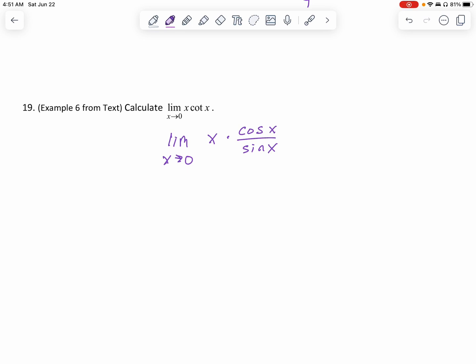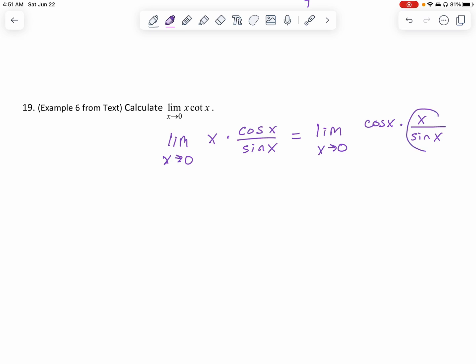But what I can do is use one of our limits that we already know, split this up a little differently. So I'm going to split up the limit as x goes to 0, and I'm going to switch the cosine x with the x. And I can do that because multiplication is commutative, so I can just switch the order.